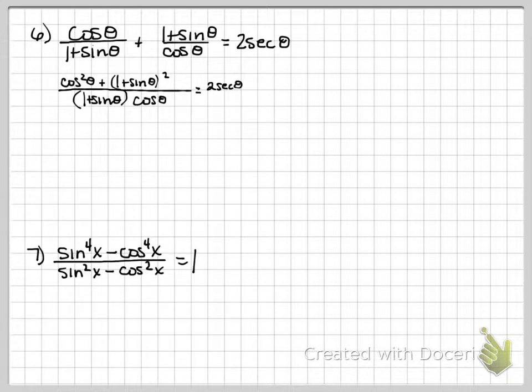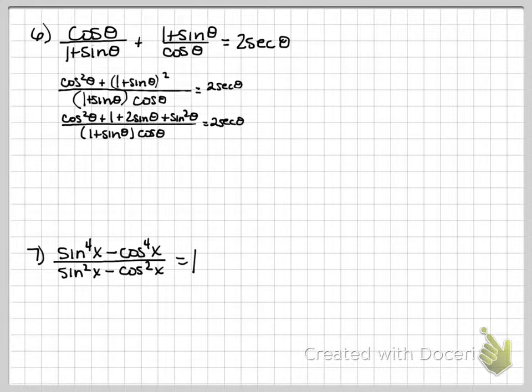So let's multiply out our binomial. Pause the video and multiply it out, and let's see how you do. Okay, so you should have ended up with cosine squared theta plus 1 plus 2 sine theta plus sine squared theta. Well, looking at this, I have a sine squared theta and a cosine squared theta.